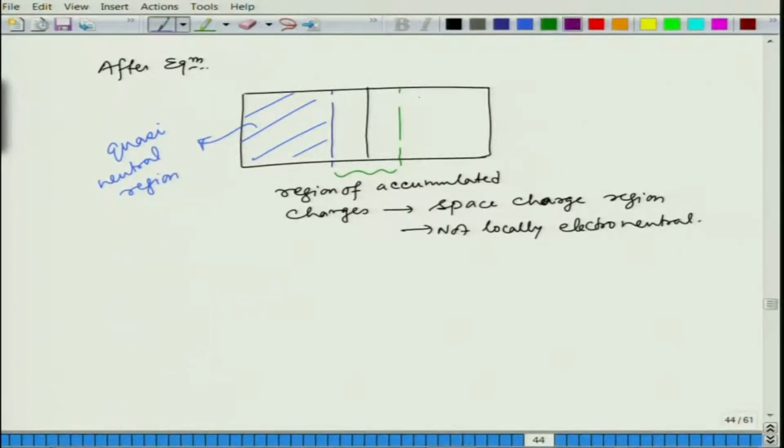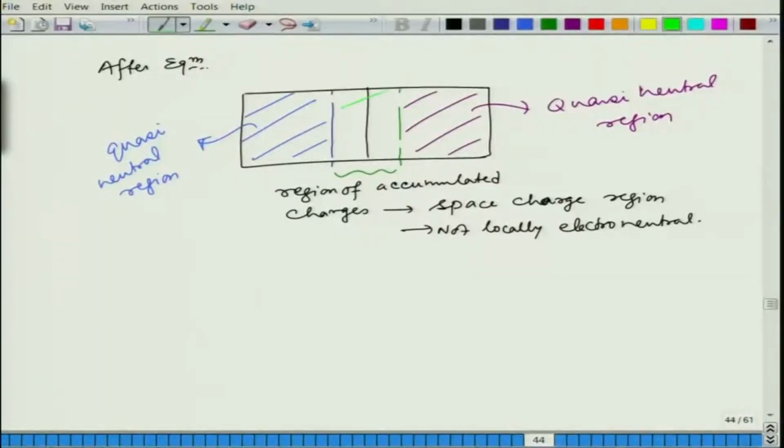And for the n type side, this is also another quasi neutral region, because these sides do not have any accumulated charges. Of course, there will be carriers, electrons and holes, in those regions, because it is part of the p type and n type semiconductor, but overall there will be no accumulated charges.